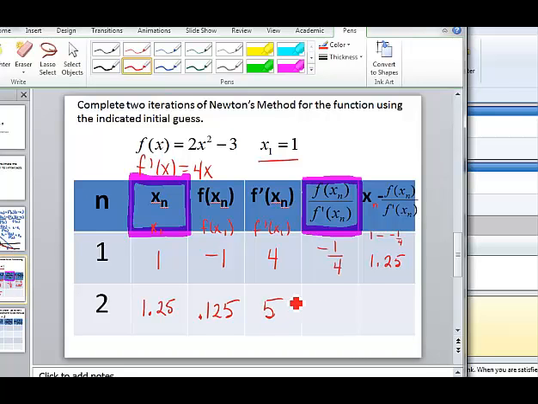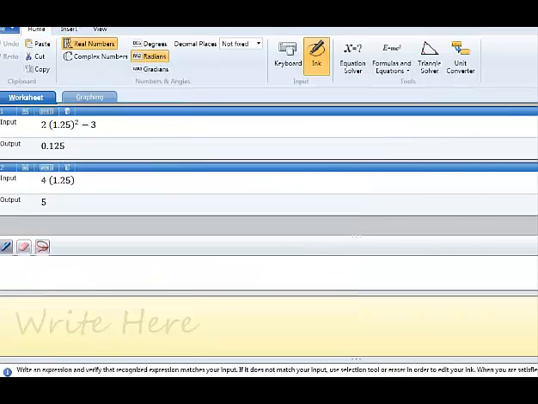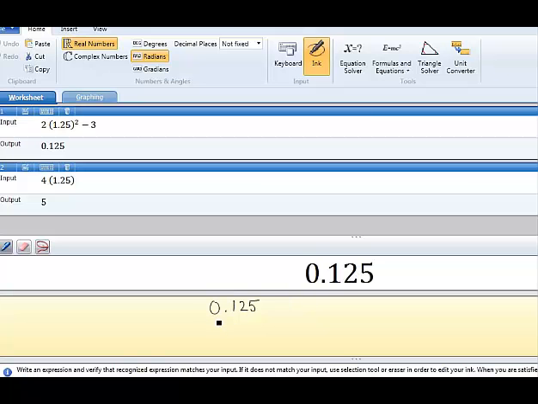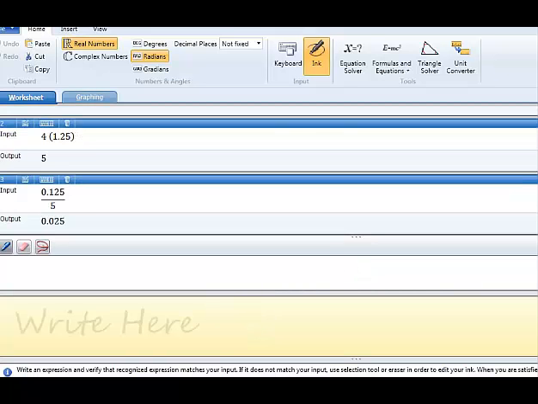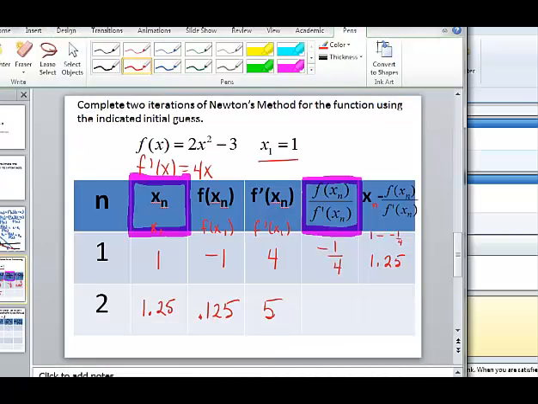So I'll write 5 here. Now I'm going to divide those two values. So 0.125 divided by 5 gives me the answer of 0.025. So I'll write 0.025 here.